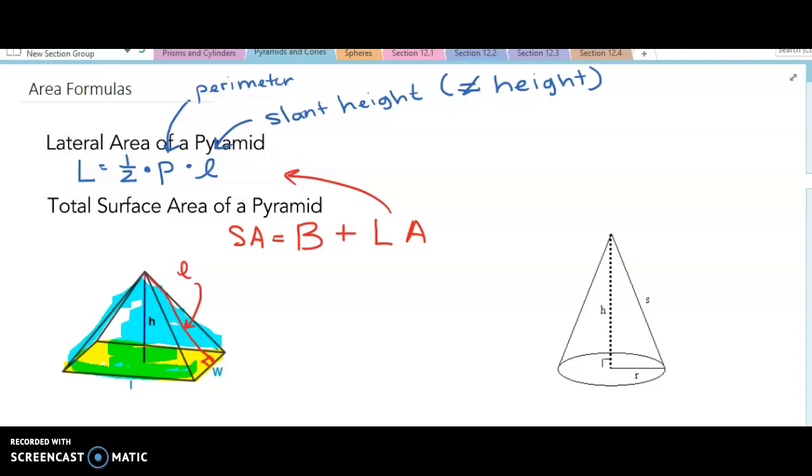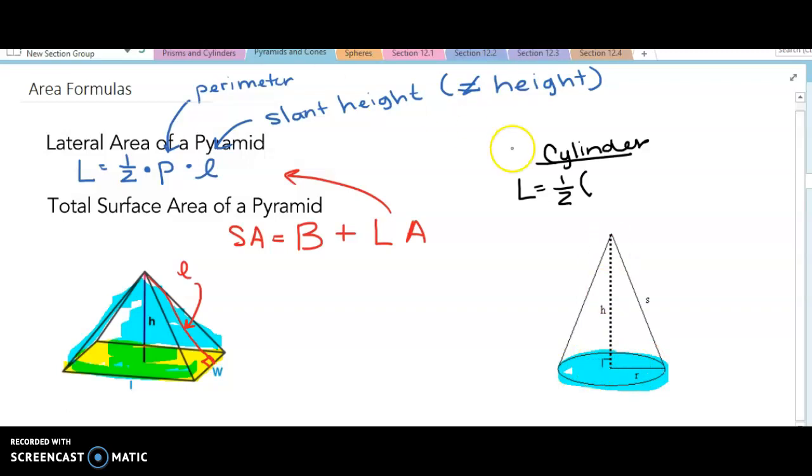Okay, now cone is a little bit easier. Because my lateral area is still 1/2 perimeter times slant height. So 1/2 my perimeter then, think of circle. So all the way around the circle is just the circumference.